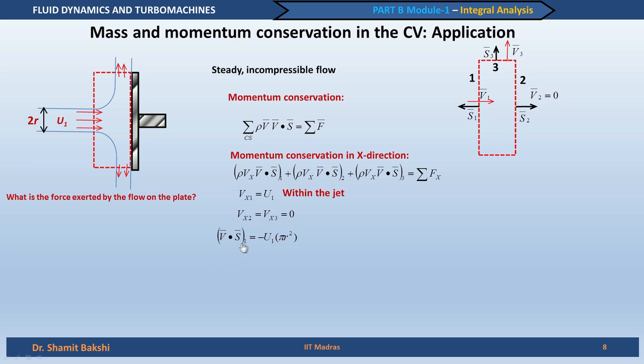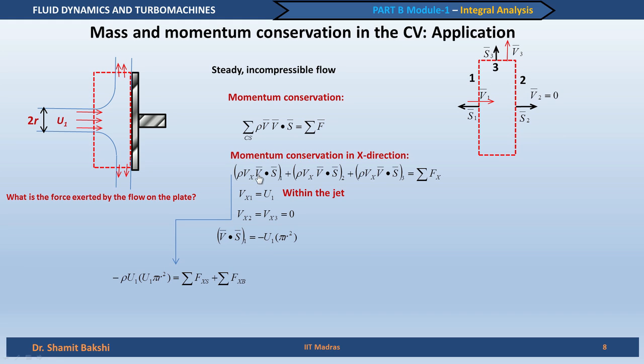So, V bar dot s for the control surface 1, we have to notice very minutely that the velocity vector and the surface are oriented opposite to each other. So, this will come out to be minus of u 1 into pi r square. So, u 1 is the magnitude of velocity and pi r square is the magnitude of area, and because they are oriented opposite to each other, there will be a negative sign.